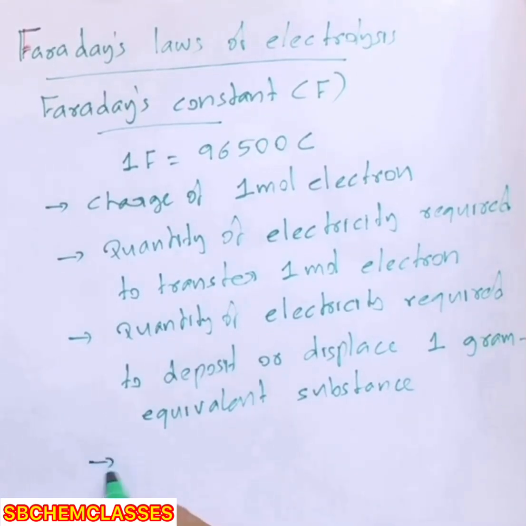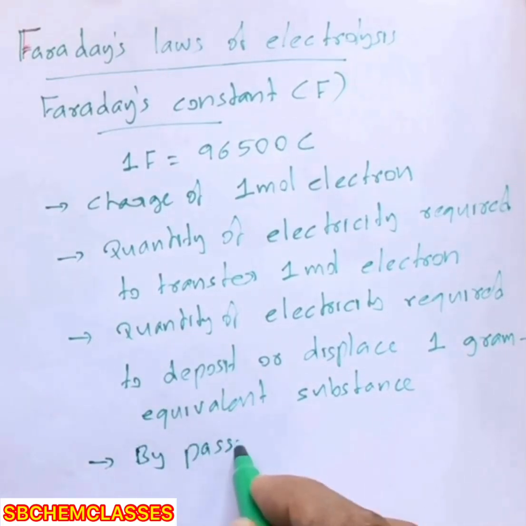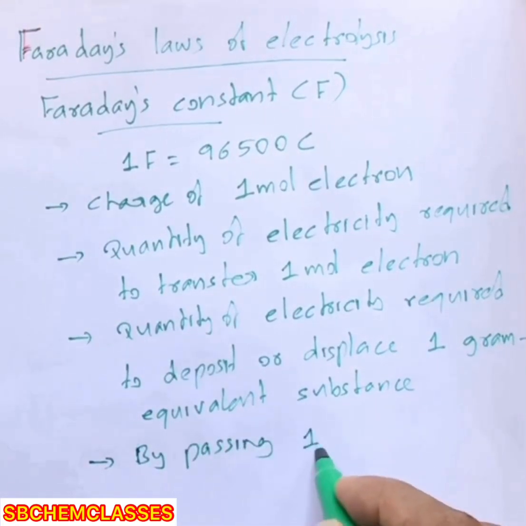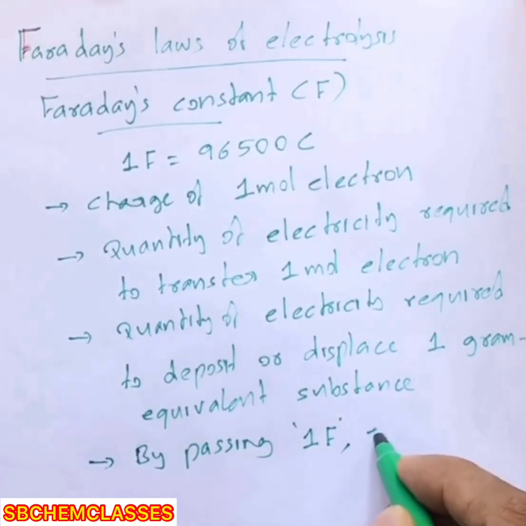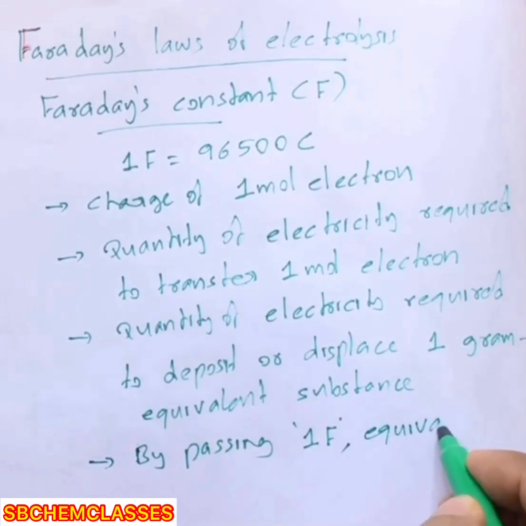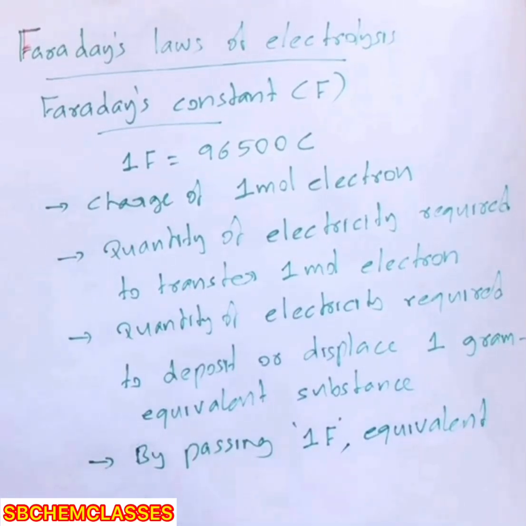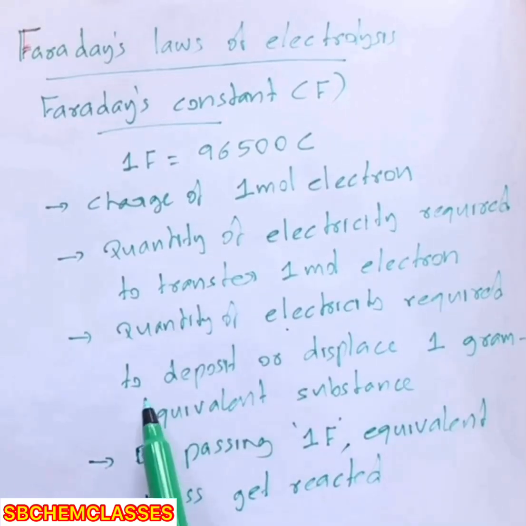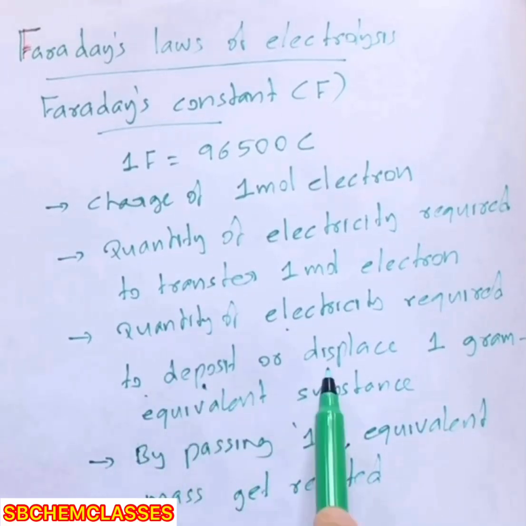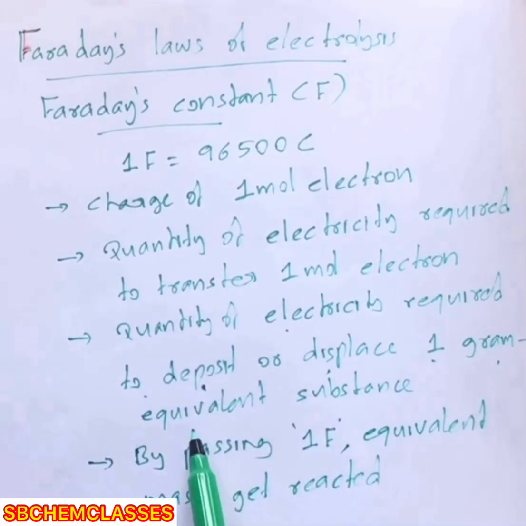So we can say that by passing 1 Faraday, equivalent mass gets reacted, because it is the quantity of electricity required to deposit or displace 1 gram equivalent substance.